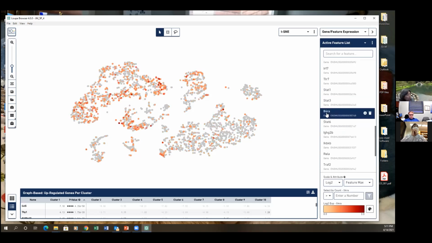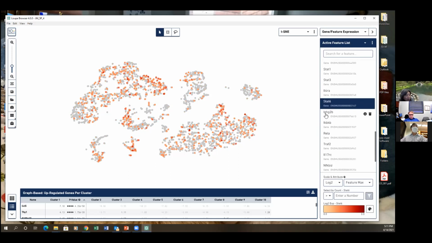This is IL-4 receptor, and it's really highest here and here. And I think this side is the light zone. And this is STAT6, the IL-4 downstream signaling gene. Now this is IGHG2B.